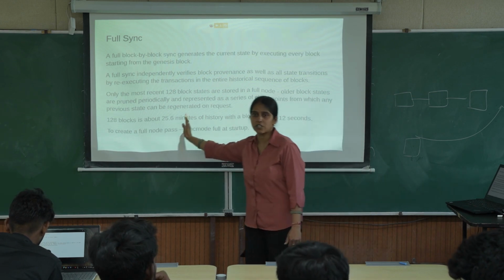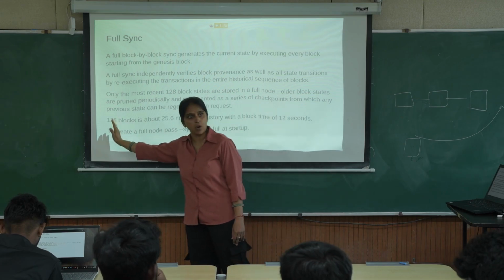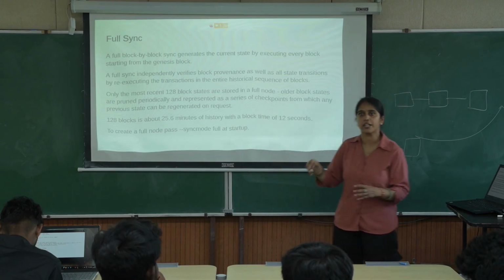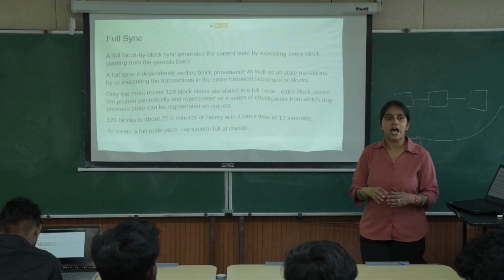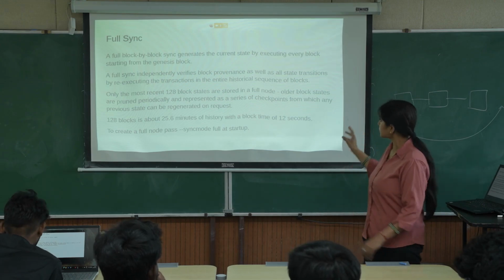Then after the previous one, the 10th block is again a checkpoint. Then again the second block is again a checkpoint. So these checkpoints are generated during full synchronization, and your data can be saved by it.